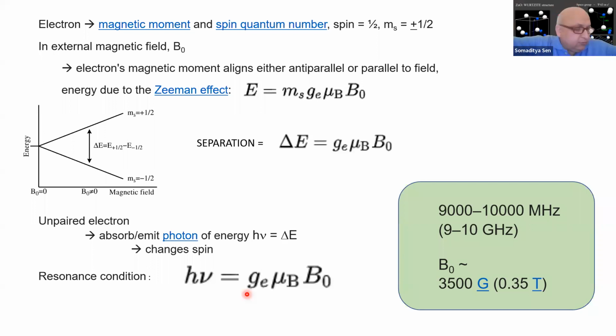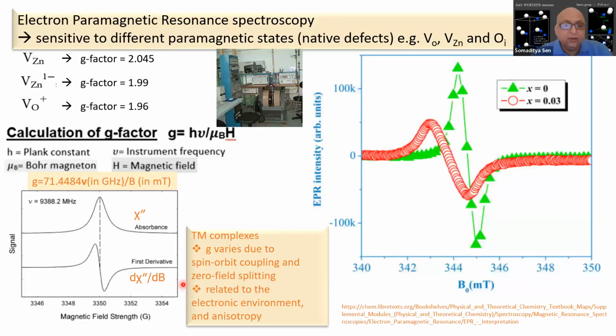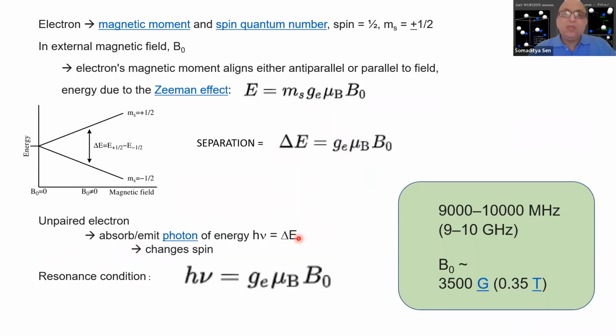Okay. So this is a very conventional thing, and then we can find out the value of g from these values. Whenever there is an absorption, we get a resonance, and we take the first derivative of this, and we can precisely find where the absorption is taking place.